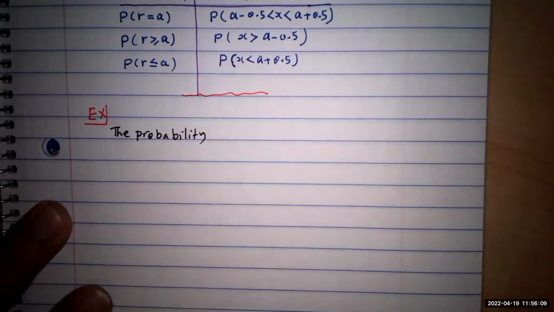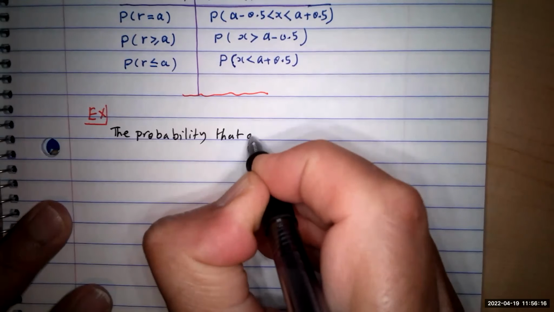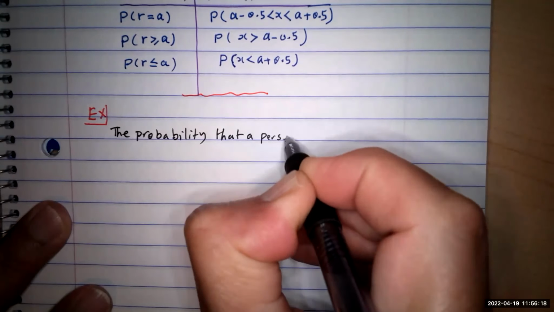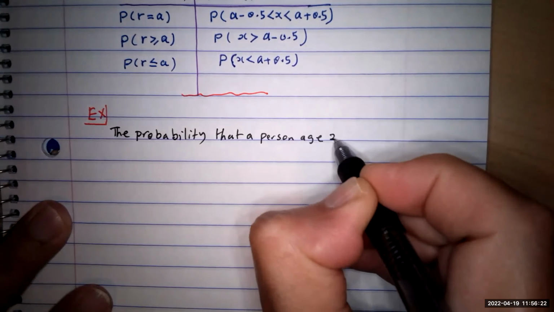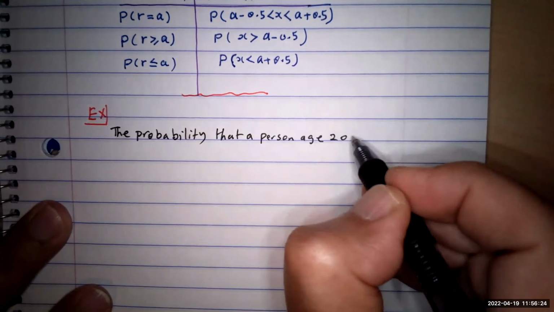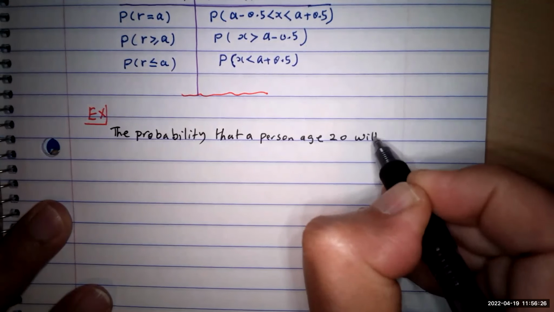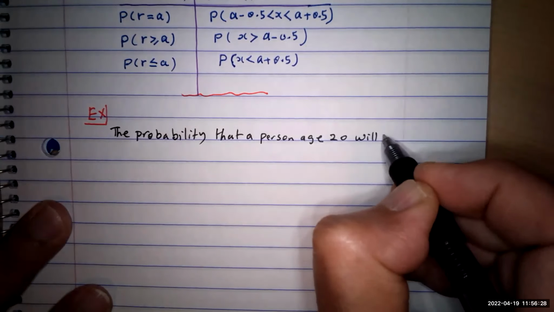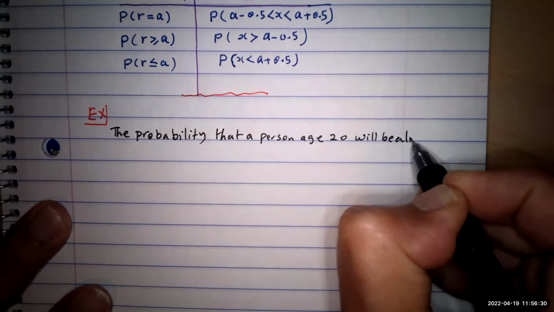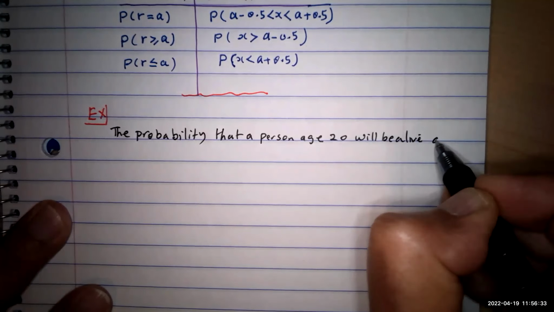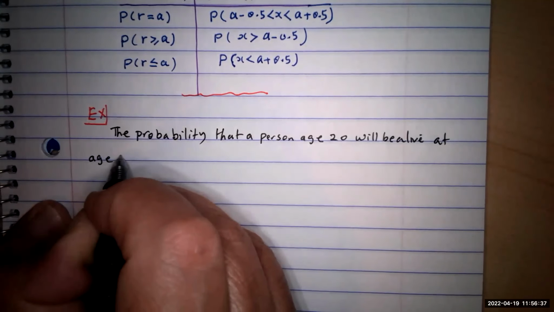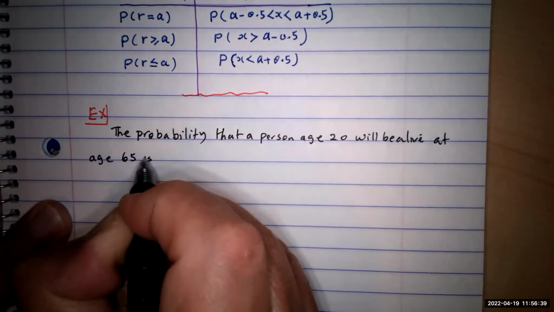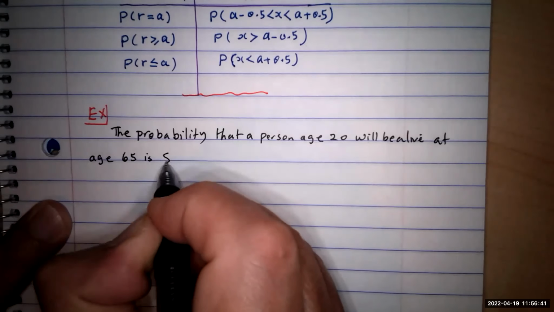So the probability that a person aged 20 will be alive at age 65 is something like 80%.